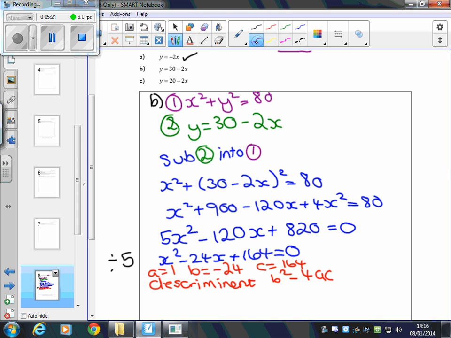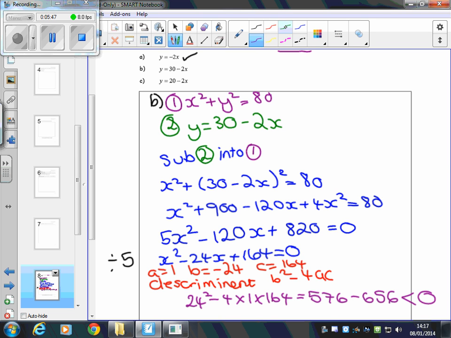So, b squared, 24 squared, minus 4 times 1 times 164. So that gives me 576 minus 656, which obviously will give me an answer which is less than 0.